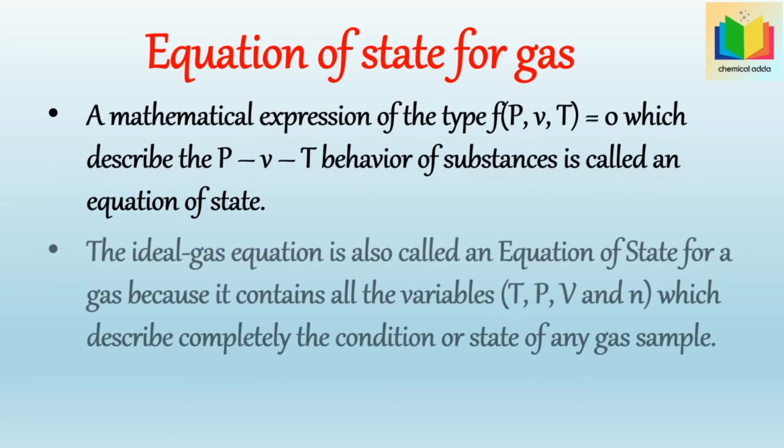The ideal gas equation is also called an equation of state for a gas, because it contains all the variables like temperature, pressure, volume, and number of moles, which describe completely the condition or state of any gas sample.